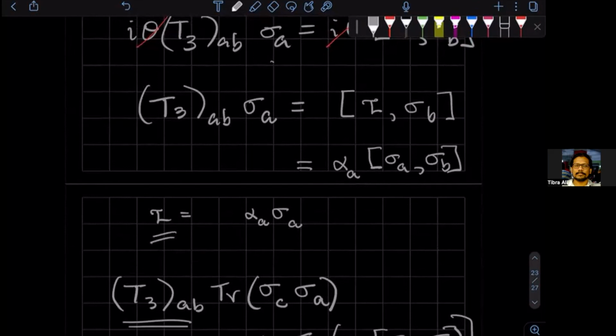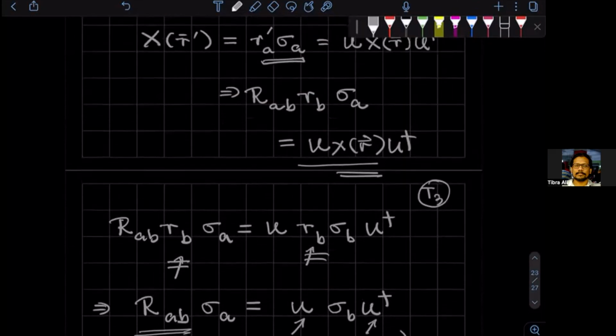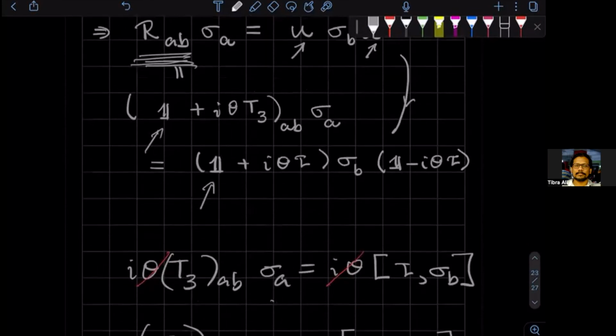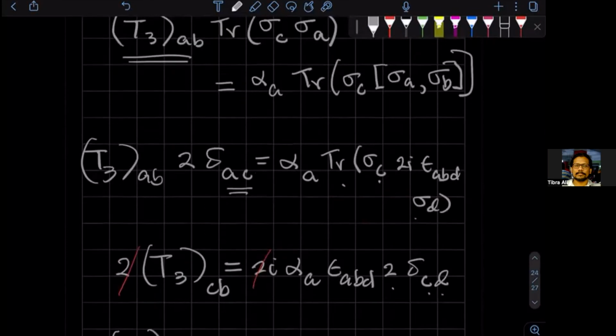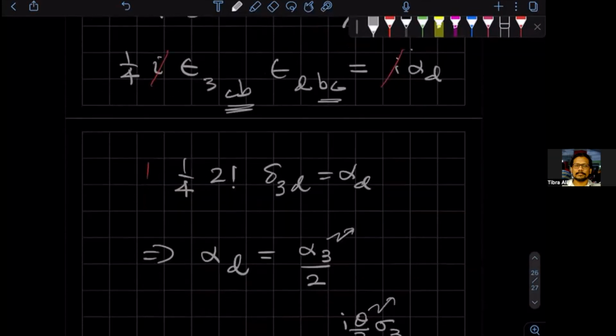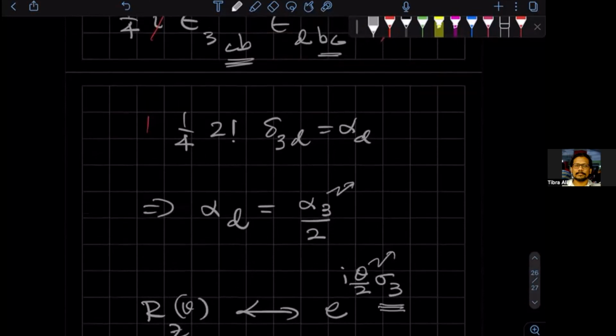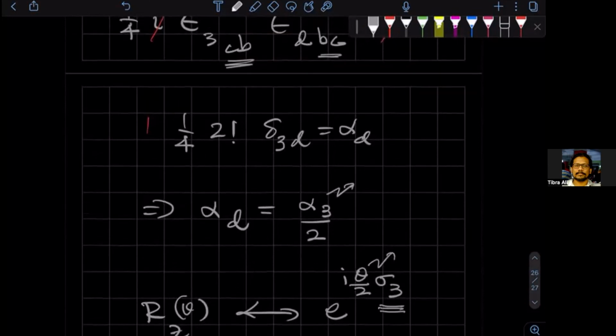I actually didn't need the theta here. Or maybe I did. Actually, no. I think I did everything right. What this equation tells me is that alpha 3 is half. So then everything is fine.